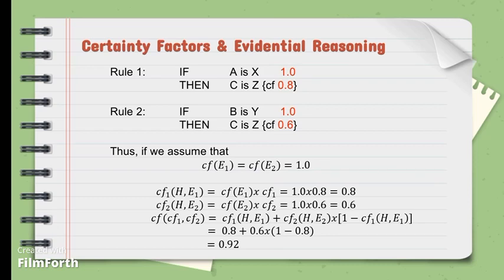So, among the three equations of combined certainty factor, the first one will be used because both certainty factors of rule number 1 and 2 are greater than 0. So the combined certainty factor of rule number 1 and 2 is 0.92.